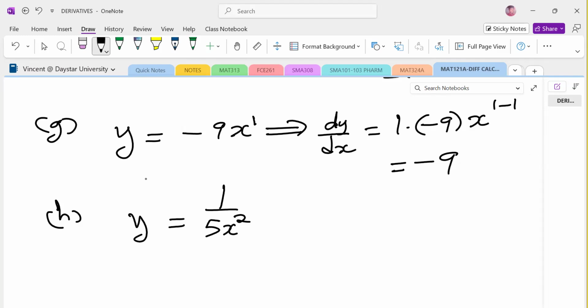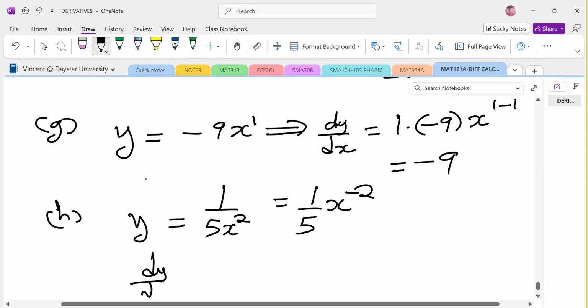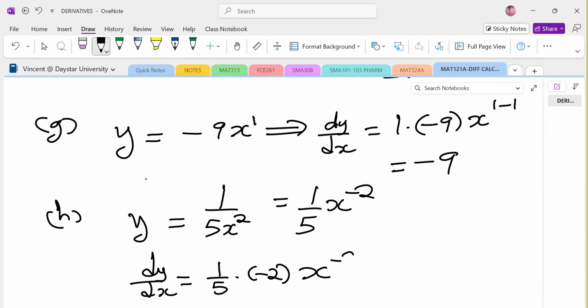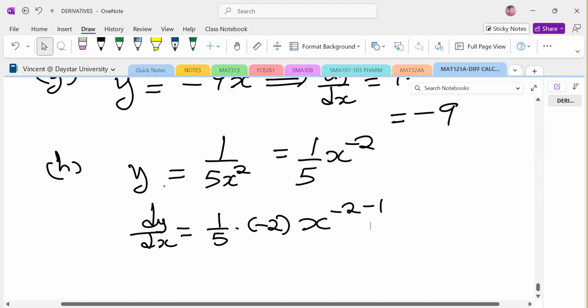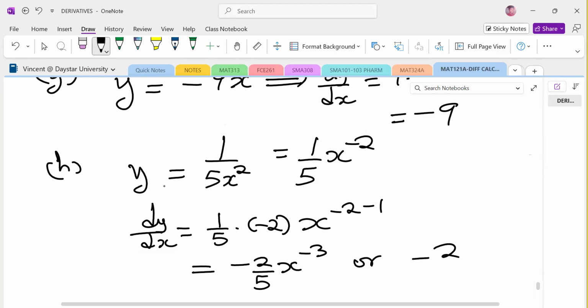Correct. So this can be written as 1 over 5 x power minus 2. Good. So therefore now dy dx will be 1 over 5, then times minus 2, then x power minus 2 minus 1. Which will be given by minus 2 over 5 x power minus 3, or you can write it as minus 2 over 5 x power 3.